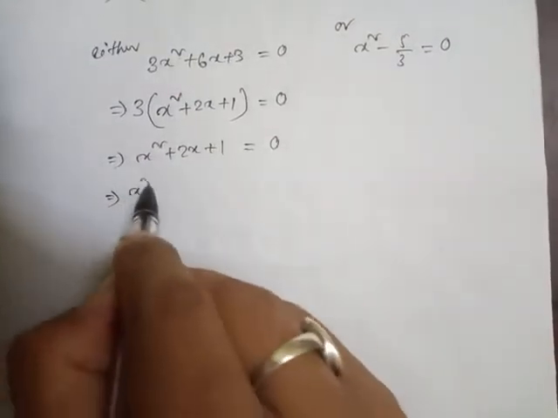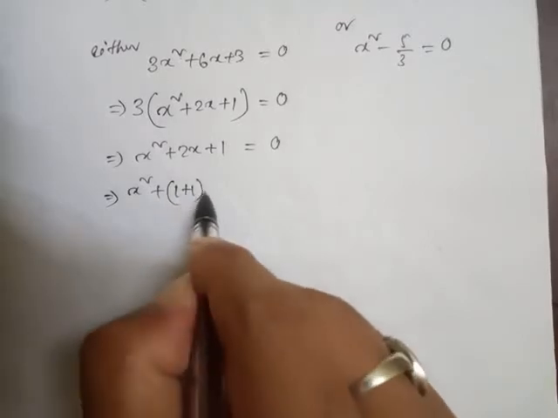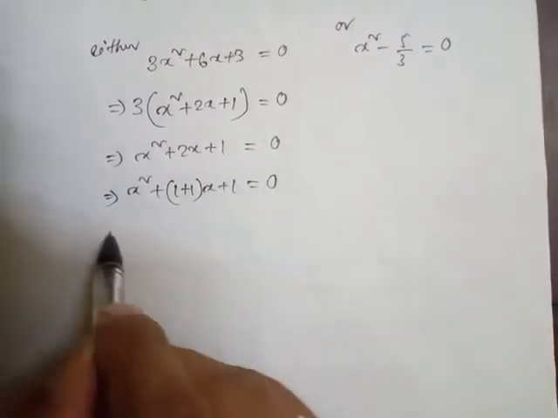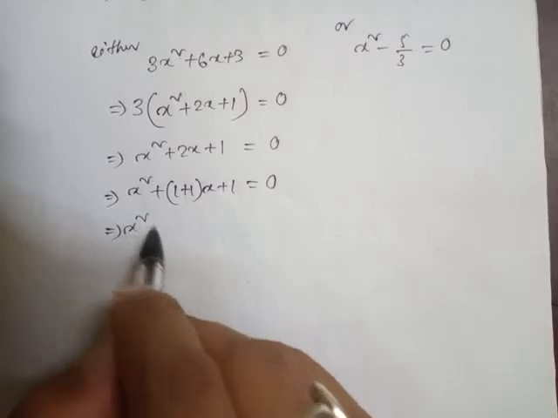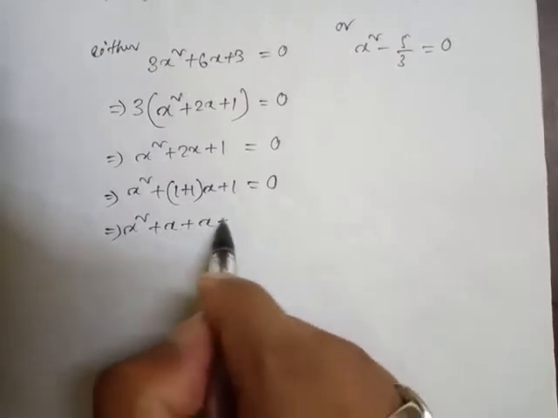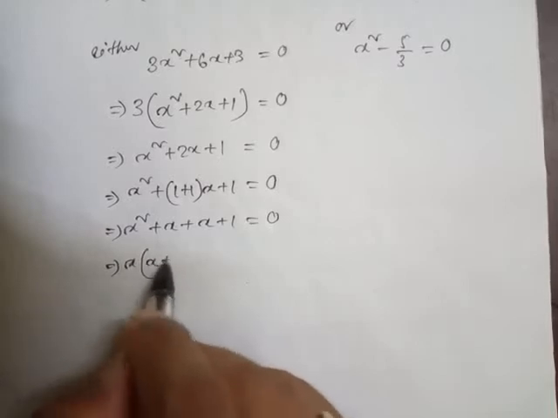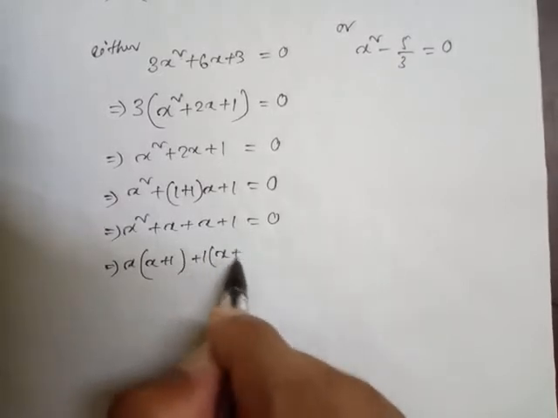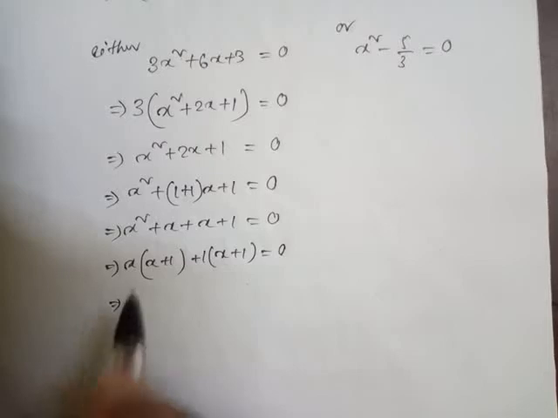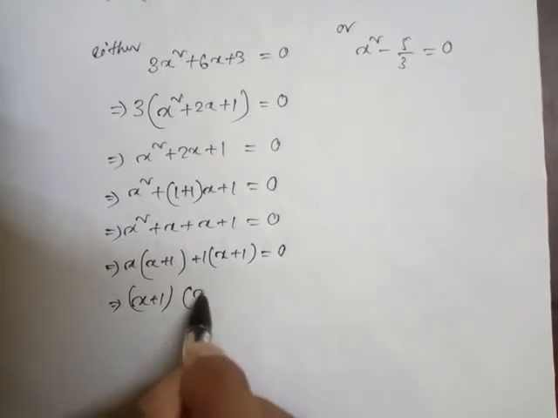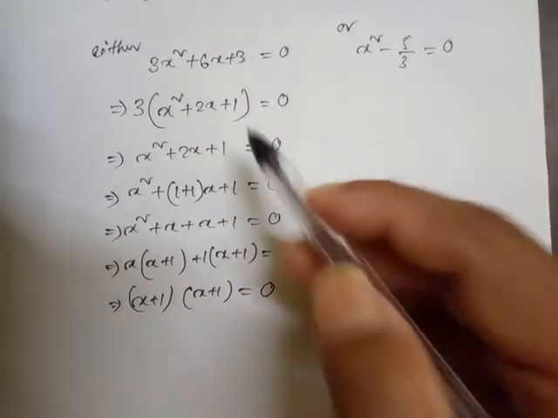So x square, then 1 plus 1 x plus 1 equals 0, and there is x square, then x plus 1 equals 0. Now here if I take x common, so x plus 1, there is 1 common, so x plus 1 equals 0. Now x plus 1 and x plus 1 equals 0 after solving this portion.